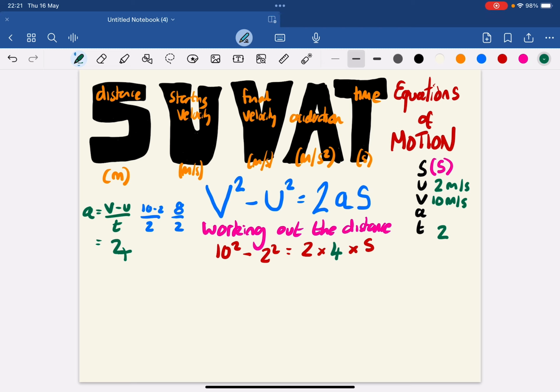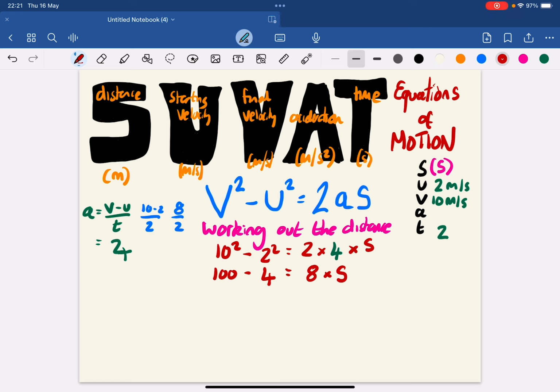So using the FIFA method, we want to fine tune this and get rid of these squares. So 10 squared is going to be 100, take away 2 squared, which is 4, is equal to 2 times 4, which is 8, times the S there.